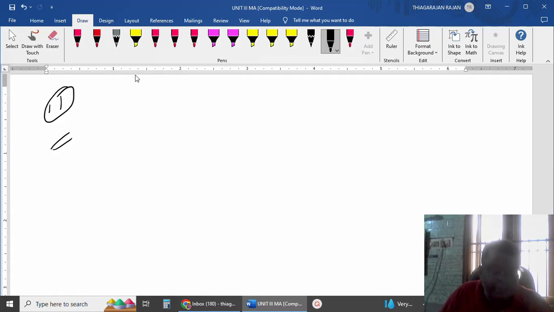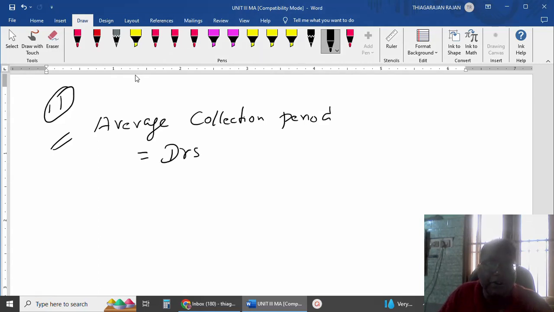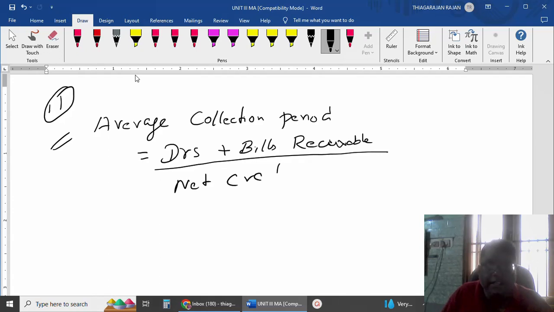Again, you have to come out with the formula for average collection period. The formula is debtors, the second information is bills receivable, divided by net credit sales for the year.